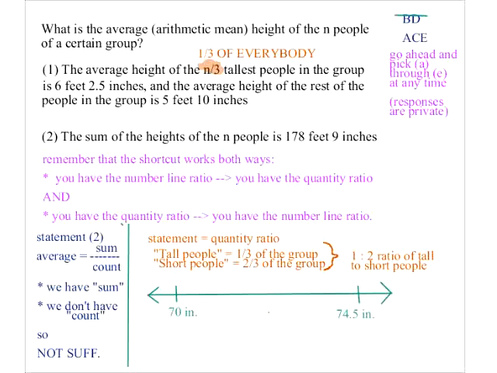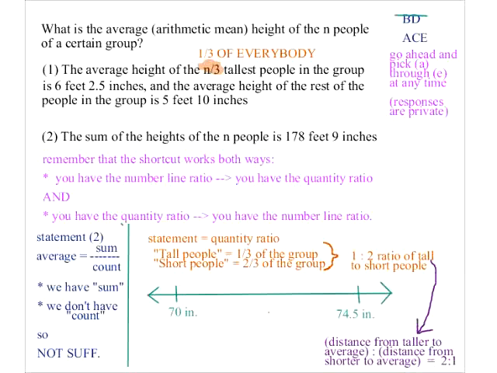And then your weighted average. Now see, here's the deal. If you've got this 1-to-2 ratio of taller to shorter people, then that means the ratio of the distance from taller to average to the ratio of the distance from shorter to average must be 2-to-1.